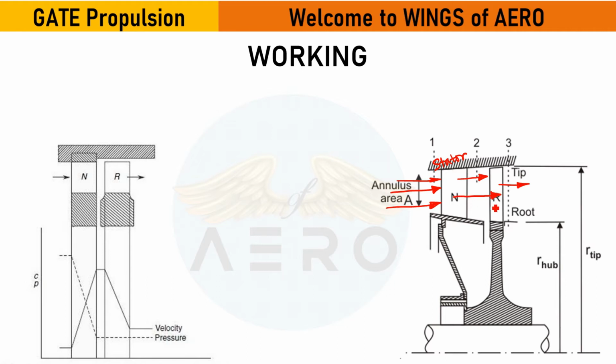The gases leave out from the static nozzle or the stator, which leads to an accelerated flow, a high velocity. Due to this, when the flow moves across the rotor, it leads to an increase in kinetic energy, and that is what produces the power, right?